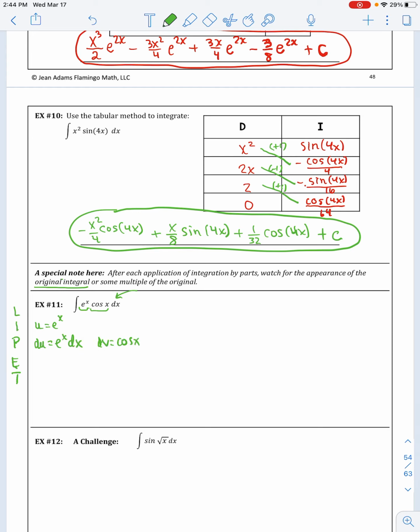Our dv then would be cosine x dx, and if we integrated both sides, our v would be sine x. Okay, so now we're ready for our u times v minus the integral of v du, and I'm going to put the e to the x first.